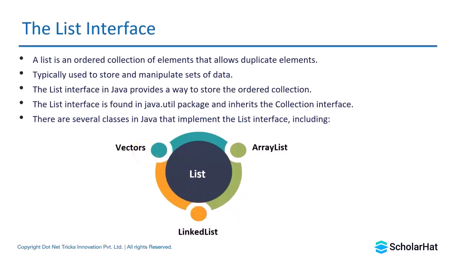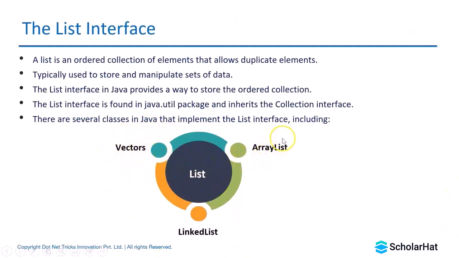We do have the Vector type that allows us to store values, but just like ArrayList, vectors are also a kind of dynamic array, but it extends AbstractList and implements the List interface.